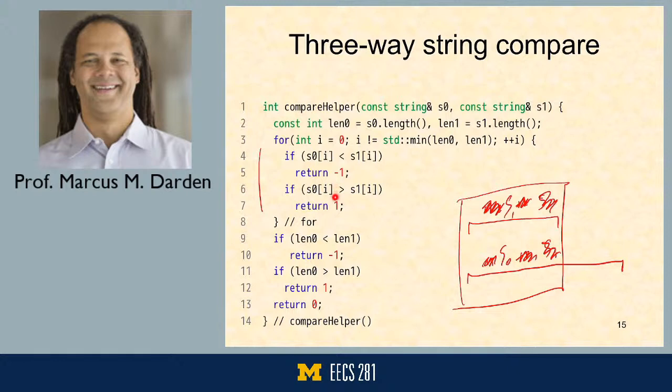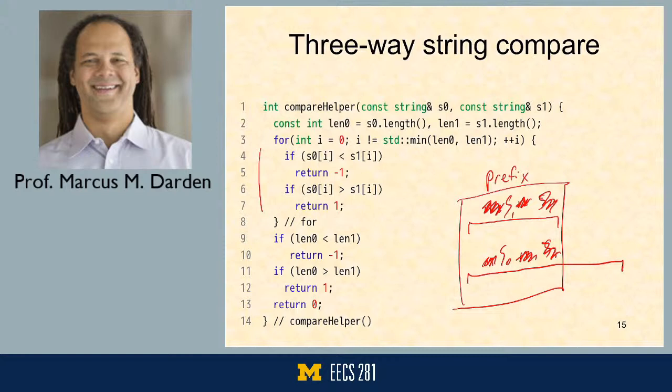If they are unequal in the other direction, we return the positive 1. So this for loop goes through each of the characters in this prefix area, if one string is a prefix of the other. That's why I call it the prefix area.